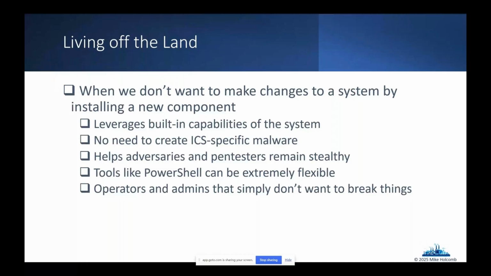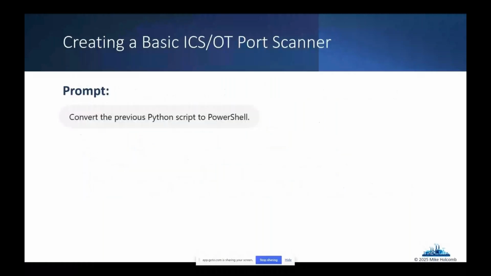So what we can do is, every Windows machine runs PowerShell. So I'm just going to tell ChatGPT, take this Python script and convert it over to PowerShell. And the really cool thing I found was not that it converted it from Python to PowerShell, but that when it created the PowerShell script and I ran it, I got this error message.